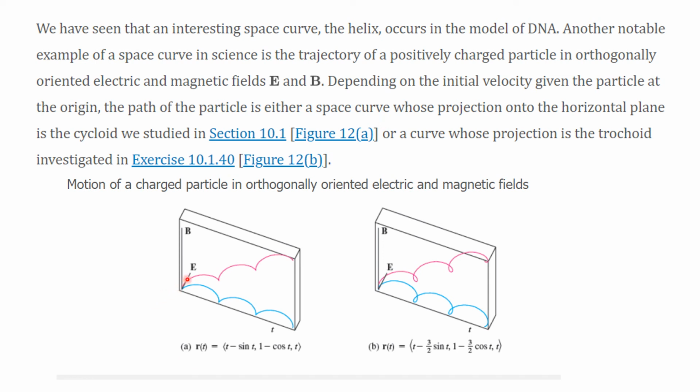You can get this red curve, which is projected down here, and you can recognize that this projection is in fact a well-known curve, the cycloid. And here, if you have a slightly less velocity, the projection will be a different curve, and in this case, this is called a trochoid.